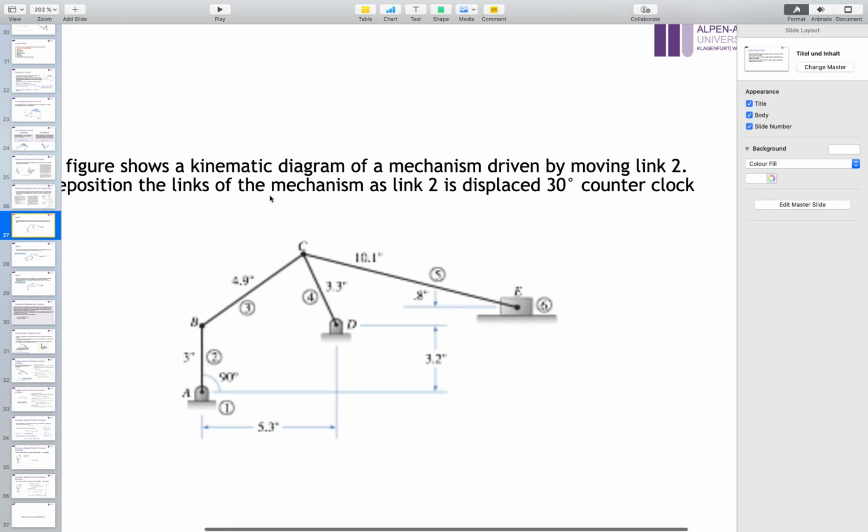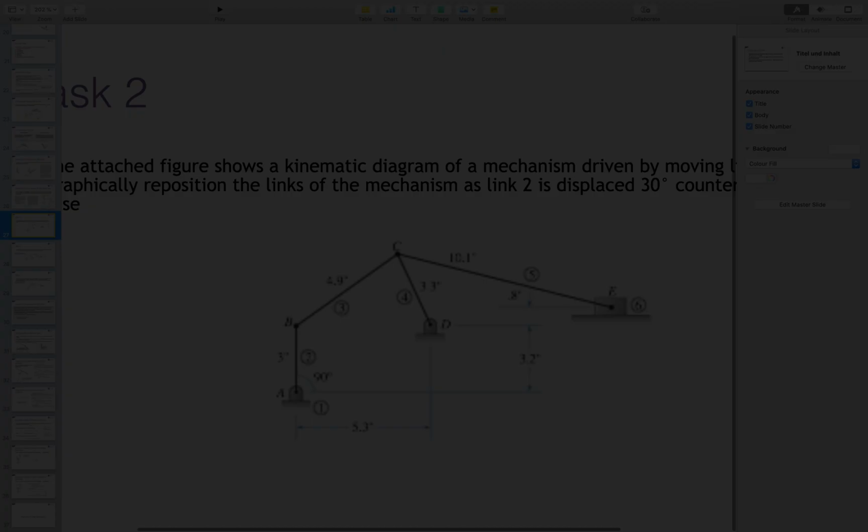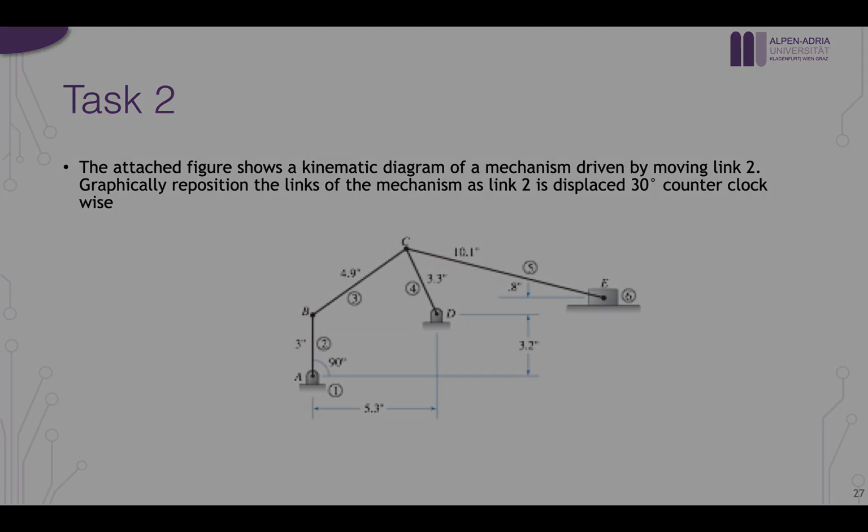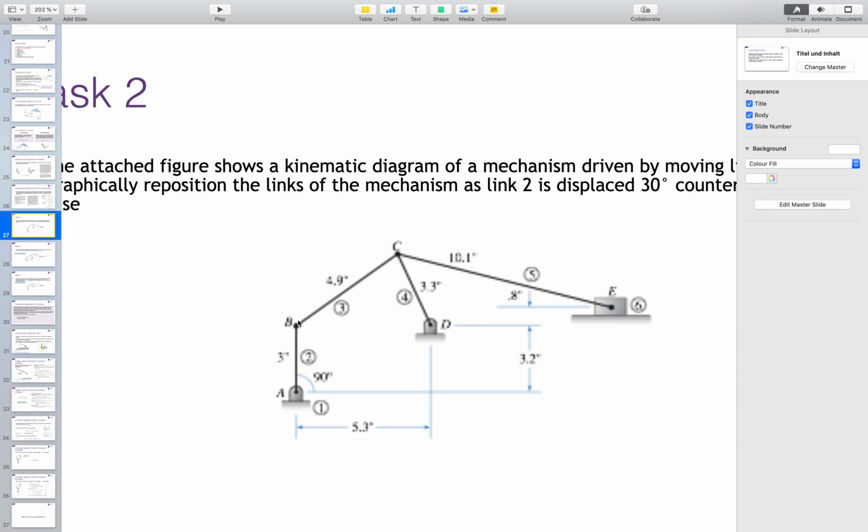So the next mechanism here is basically a planar mechanism. Here we have a bit complex mechanism, I would say, because we have 1, 2, 3, 4 rotational links, and then here we have the linear displacement or sliding.